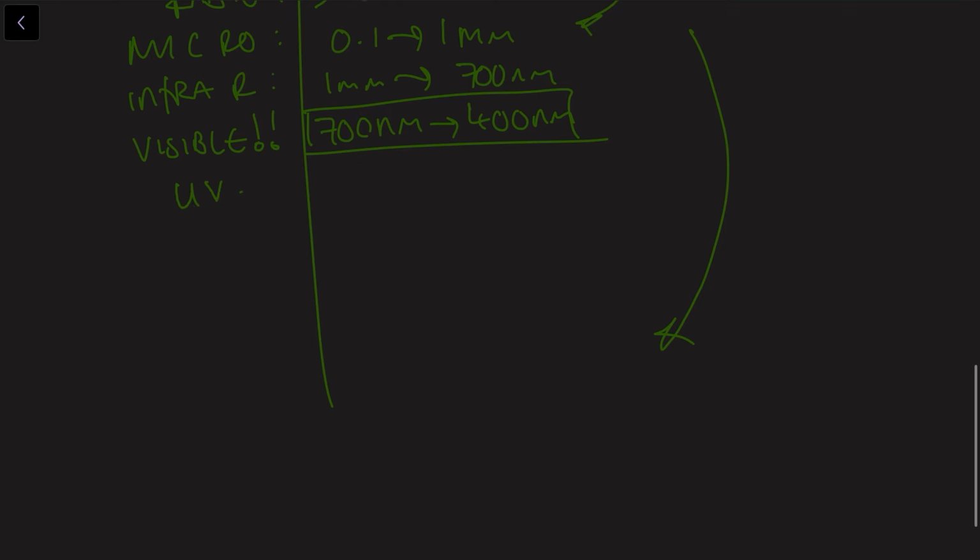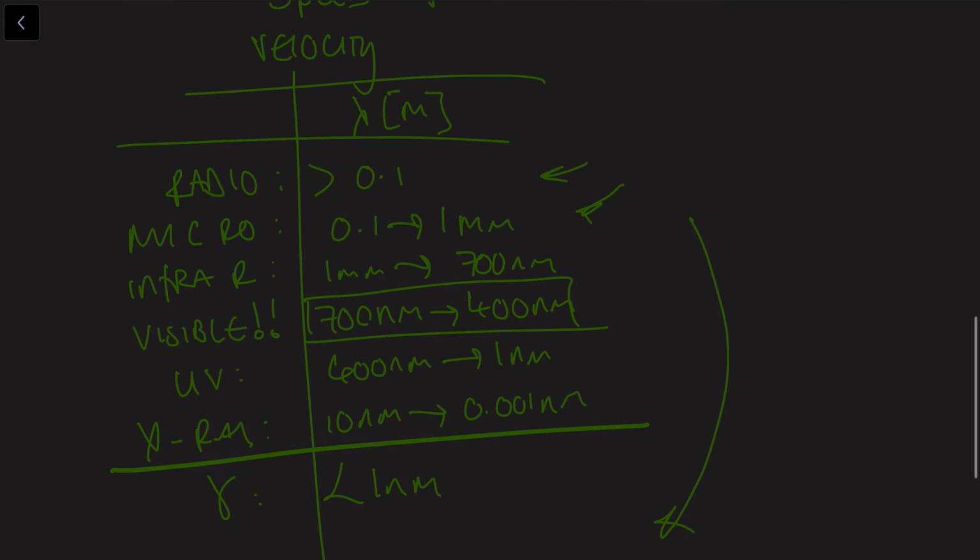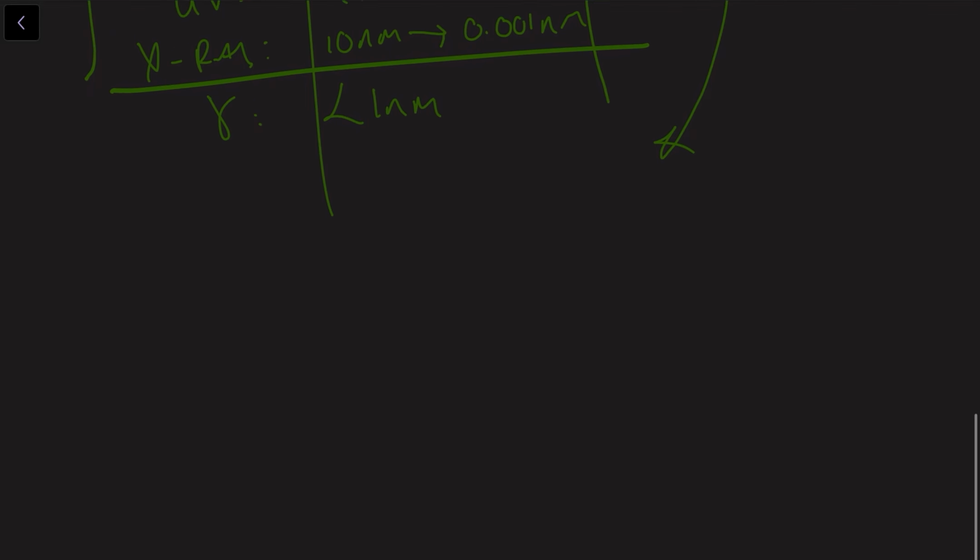Then we have ultraviolet, which is 400 nanometers going down to about 1 nanometer. Then we have X-ray, which you will come across again very soon, which is 10 nanometers down to about 0.001 nanometer. And then we have gamma rays, which are pretty much anything less than a nanometer. So everything in this bit you definitely need to know. These are very important.